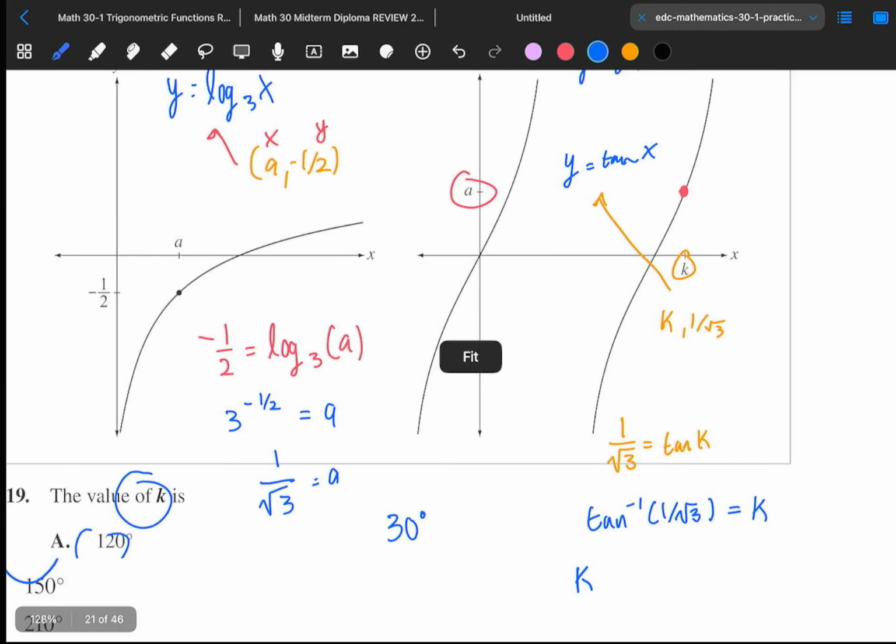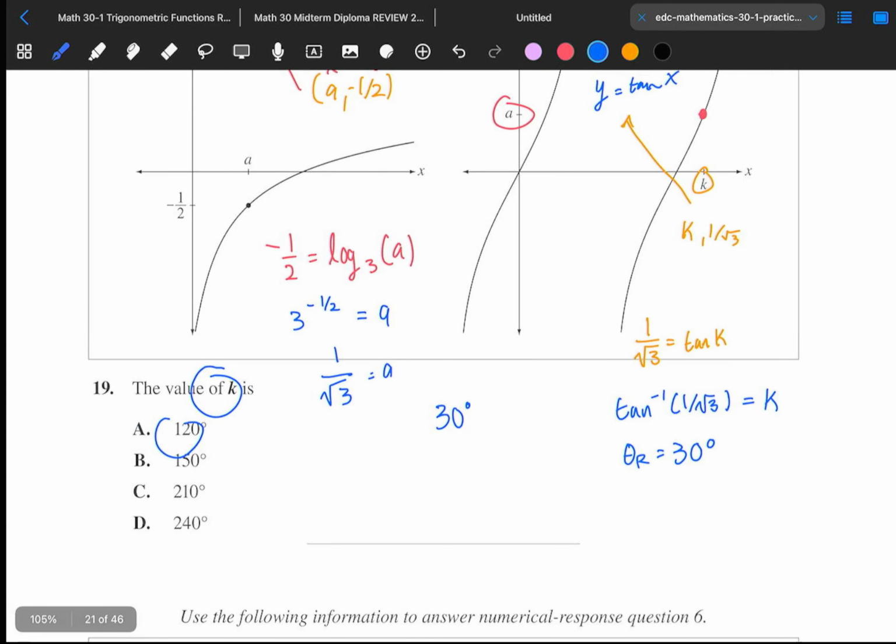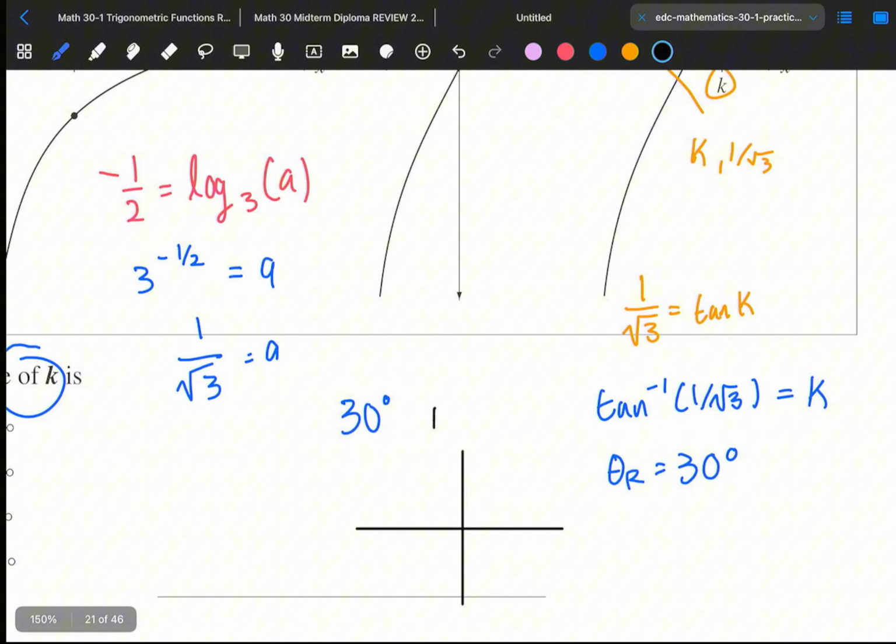And remember that this is only going to be our reference angle. It's 30 degrees, so we could have a couple of possible angles. But again, our coordinate point is going to be k, comma, 1 over root 3.